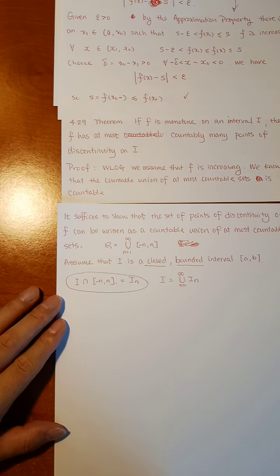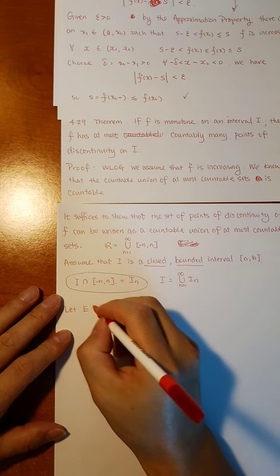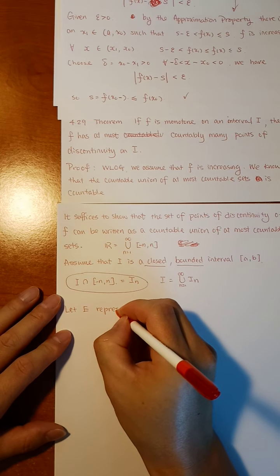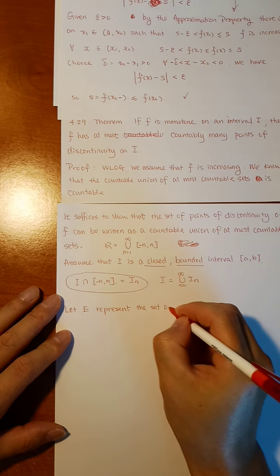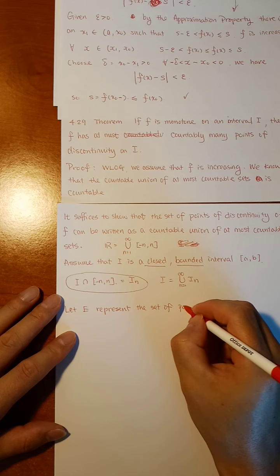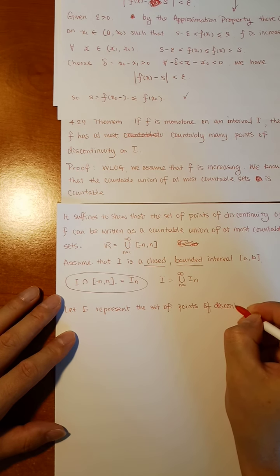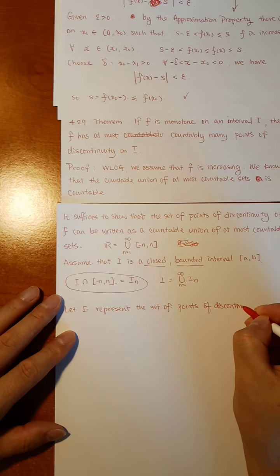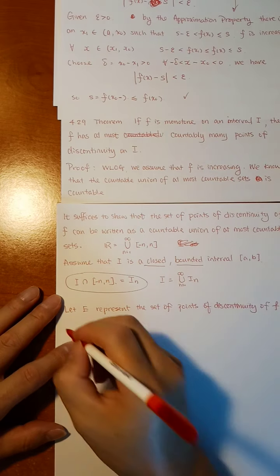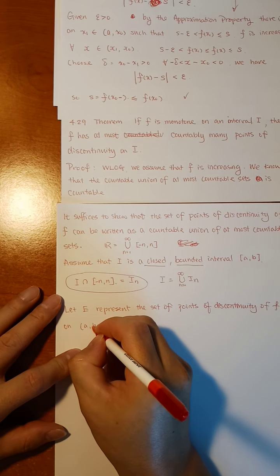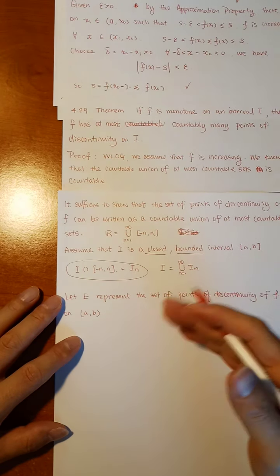Now let E represent the set of points of discontinuity of f on the open interval (a, b). The two endpoints don't matter; we don't care whether we add those two endpoints or not.